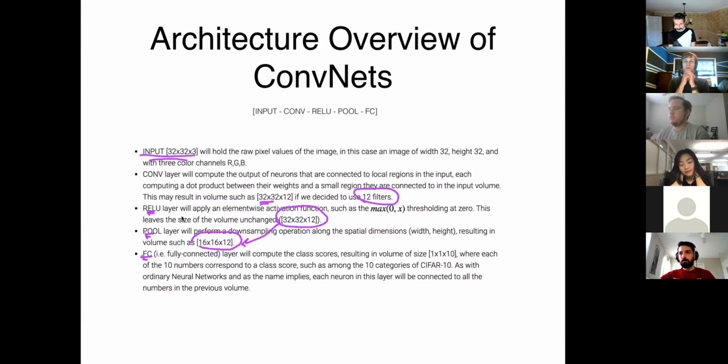And the size of this really depends on the number of classes that you have in your model. For CIFAR10, obviously we have 10 classes, and that's why you have this size.